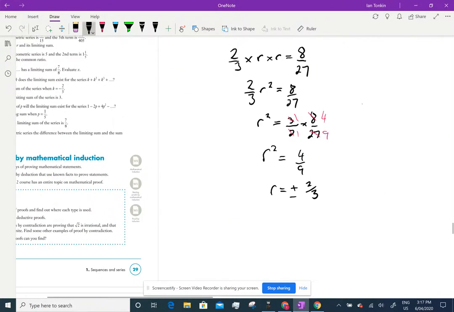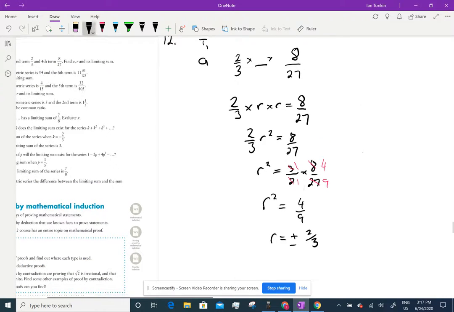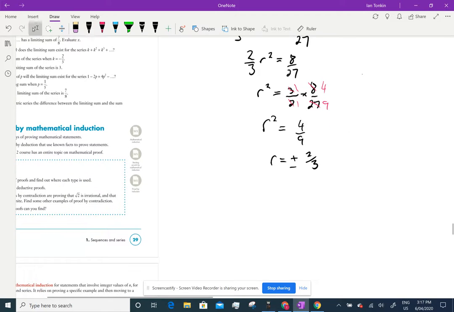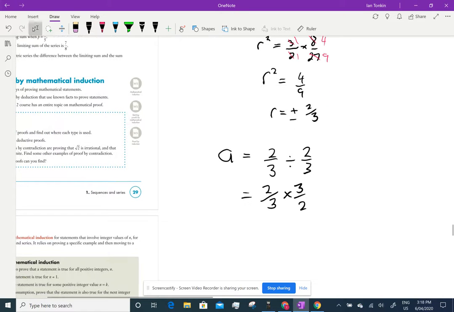And once I've got r, to find a, I just go, well, here's the second term. So if I just divide by 2/3, so a equals 2/3 divided by 2/3, I'll multiply by the reciprocal, 2/3 times 3 on 2, or a equals 1.